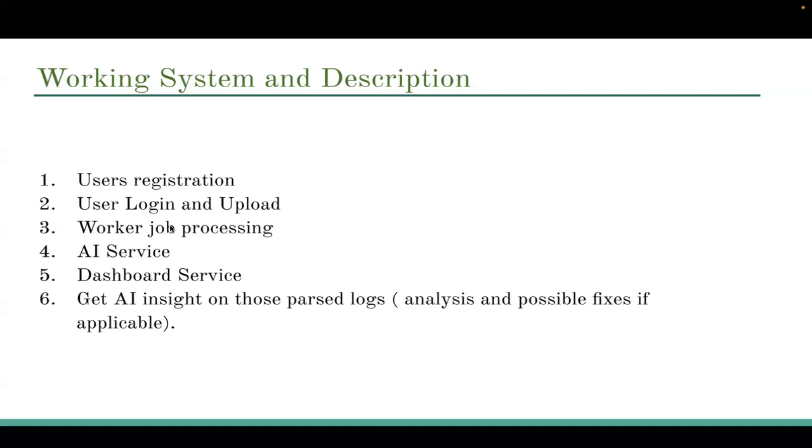There is an AI service that generates the insights and a dashboard service that shows all the information and AI insight in a clear and concise manner. And then there is an analysis and any possible fixes that are applicable to the particular log can be parsed using a Logstash service.